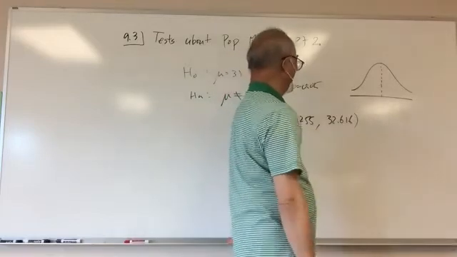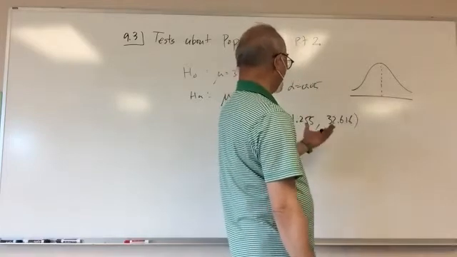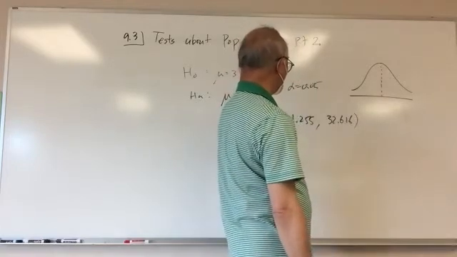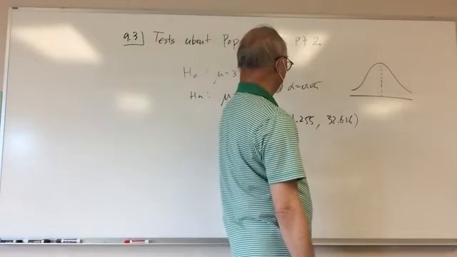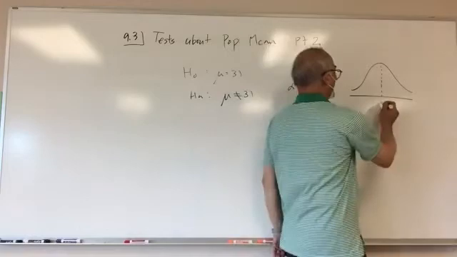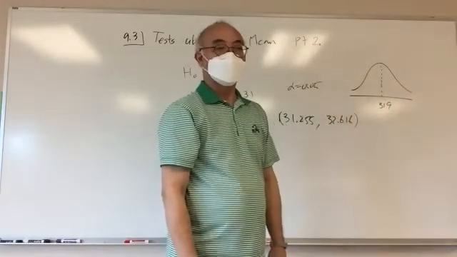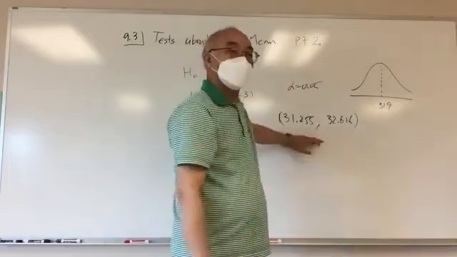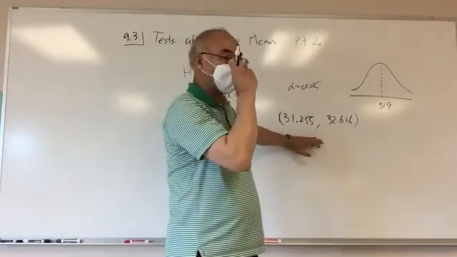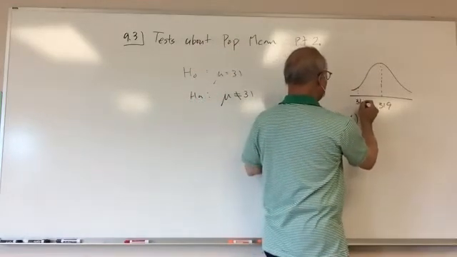I'm going to guess it's about 31.9-ish. Okay, 31.9. So here's what they're saying. We did a 95% confidence interval, and guess what happened? The low end here is 31.25.